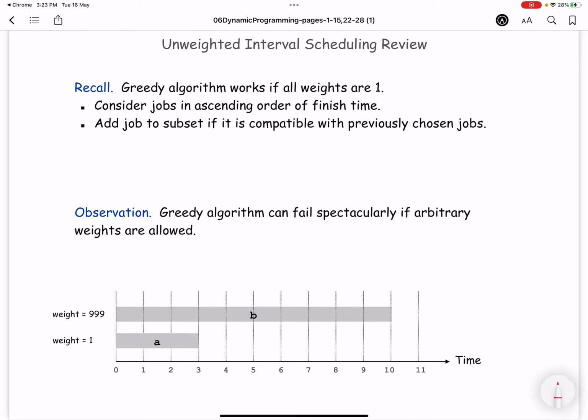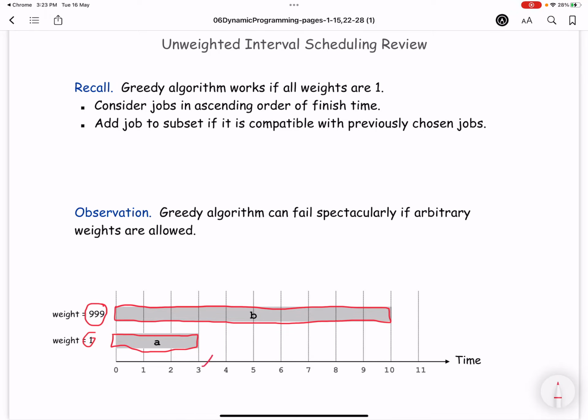If we want to apply the greedy algorithm, unfortunately it will not work. The reason: in this example, we took two jobs, one is long, starting at time 0, and its weight is high, and one is short, and its weight is 1. The greedy algorithm will order the intervals based on the interval that finishes first.